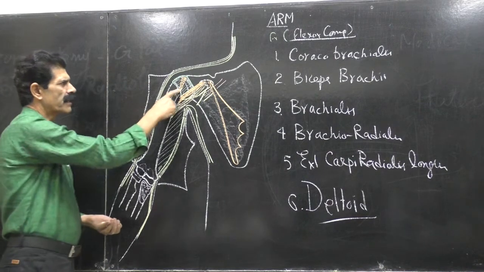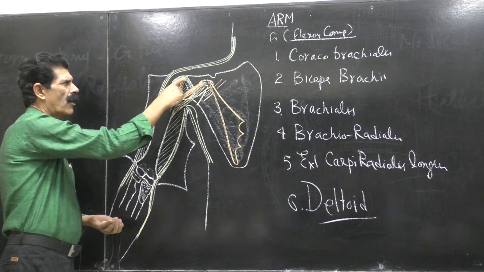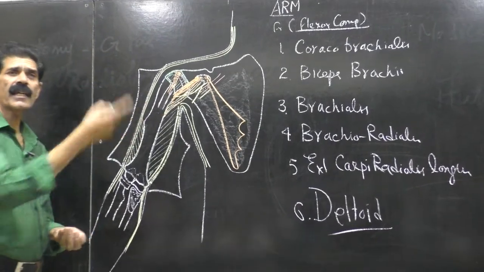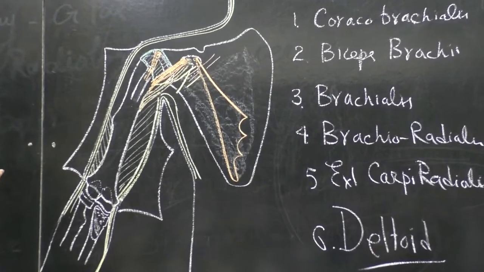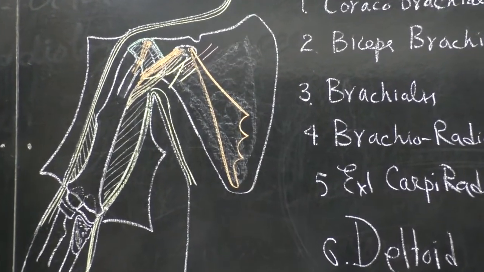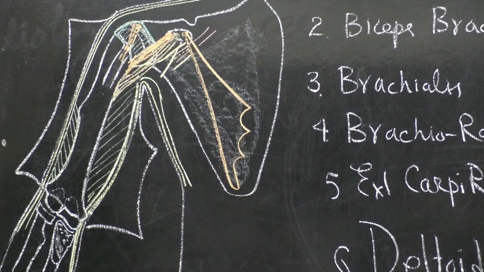So at this point, at the upper end of the bicipital groove, the long head of the bicep, which was intracapsular, now becomes extracapsular, to be accommodated in the bicipital groove. And see, it is a quite deep groove.